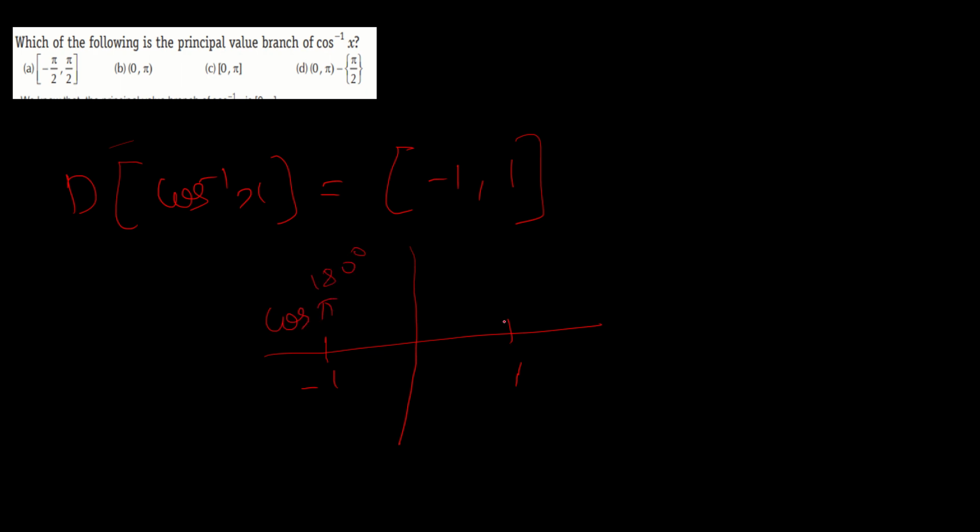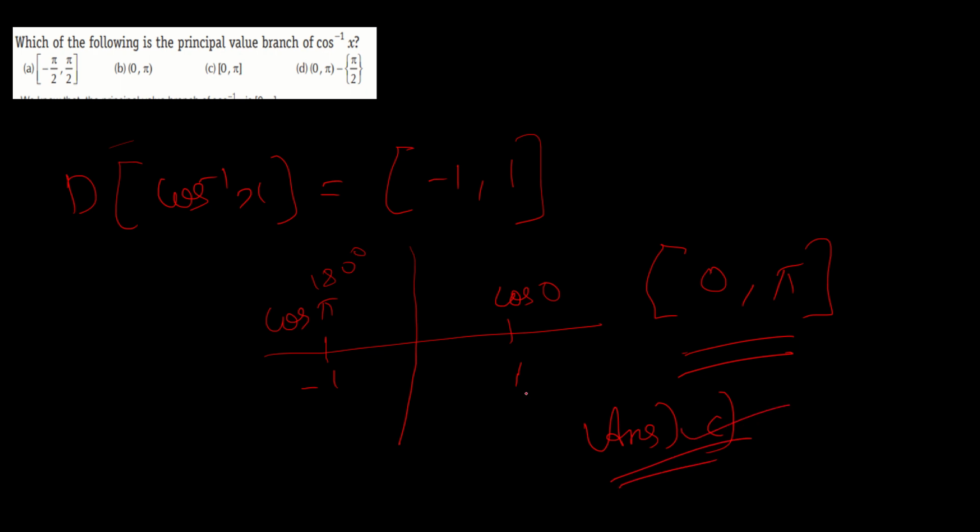In which do we get 1? Cos 0, right? So what's the answer? We got the answer. It is from 0 to pi, closed interval. So the answer will be option C. That is the principal value branch. It points to the domain value. That is the angle of the domain values. Okay.